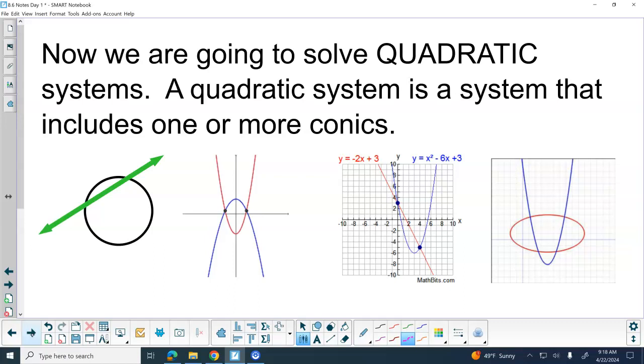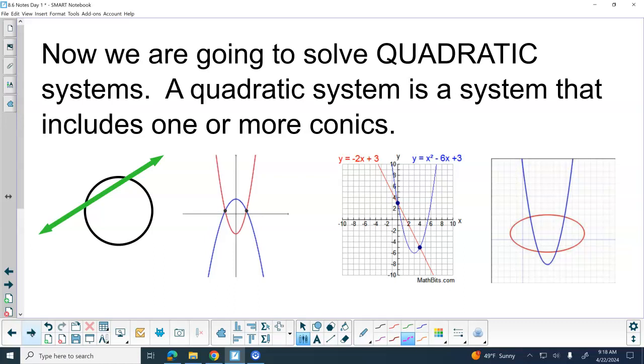As you can see, typically with a line, we can intersect in 1, 2, or 0 spots. And we will get no solutions for some of these answers. Okay?